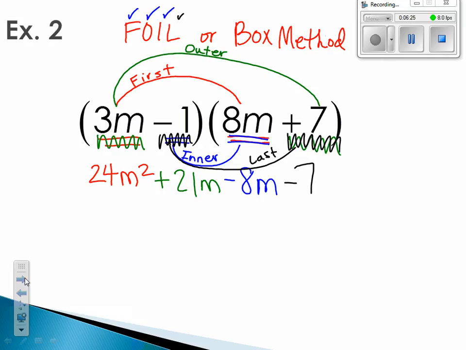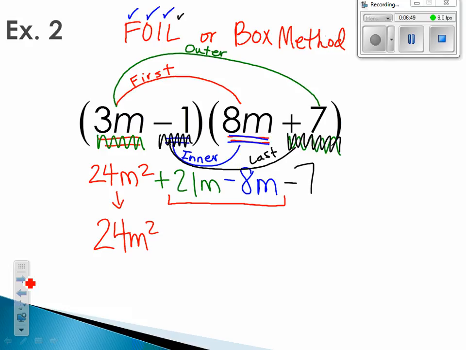Now before we say that we're done, the last thing we got to do, we got to make sure that we've combined all like terms. So I've got 24m squared. Well, there's no more m squareds in that thing. So I'm just going to bring that on down to my final answer. Now I have two terms in the middle that are both just plain m.